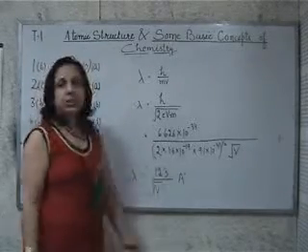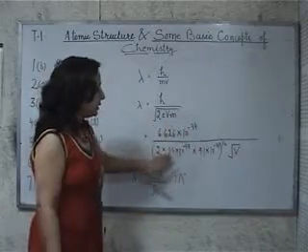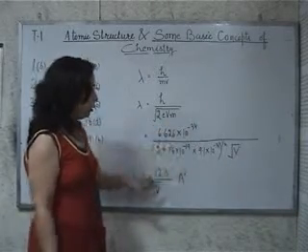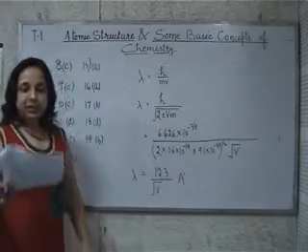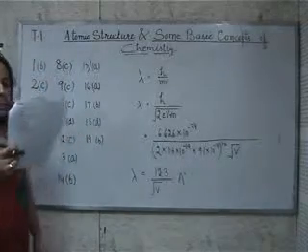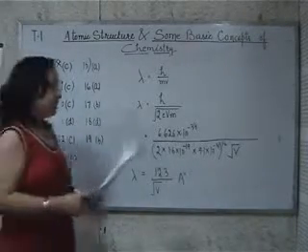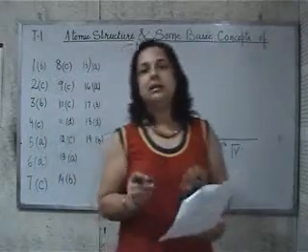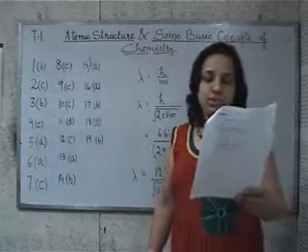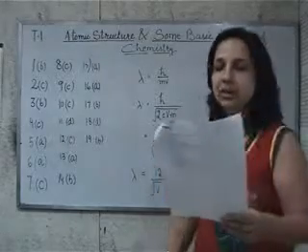We can directly solve the question, because all these are constants. The constants are solved to give us 12.3 Angstrom. Question number 19, option B, beta. It's a formula that must be learned by heart: 12.3 by root V is equal to lambda.